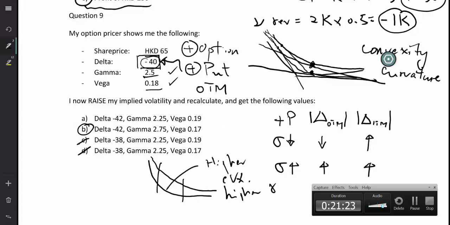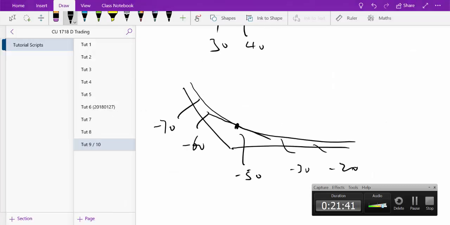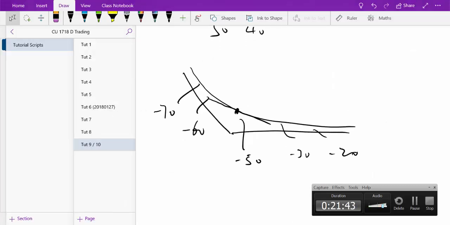So the question really is, you raise your volatility. So now what have you done? So you, like Sherlock Holmes, have figured out you are long option, you are long a put, and the put right now is out of the money. So if you were to use this as a map, you are actually somewhere around here.